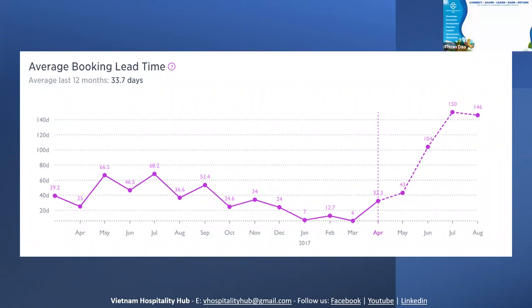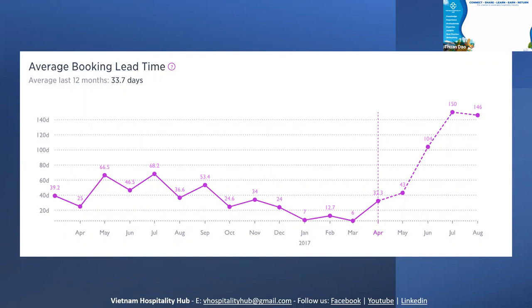When you realize the change, you need to check it back. You ask, why do we have this kind of change? You need to look at your booking. You may say, last year maybe we didn't run any promotion with the Australian market or the Russian market, so we didn't encourage them to make the booking far in advance.